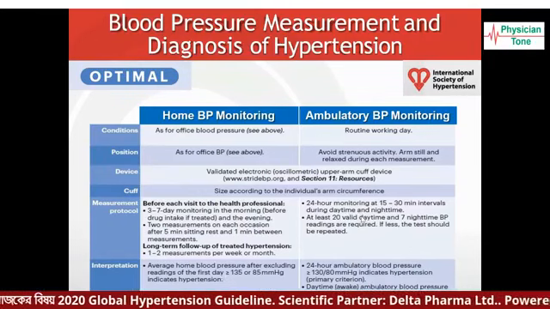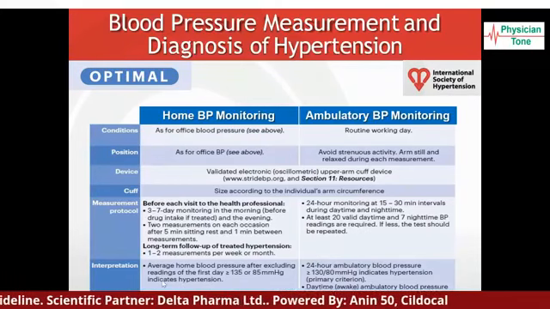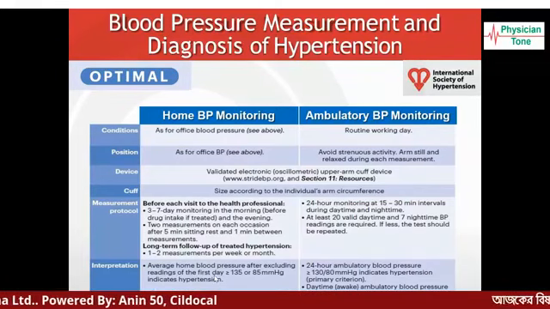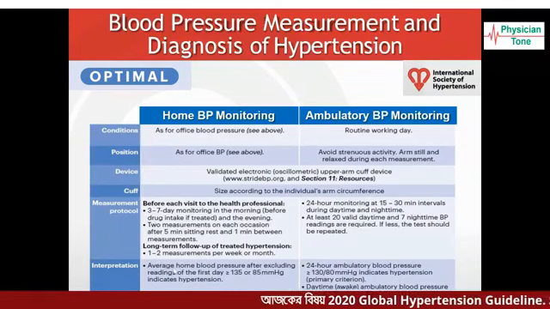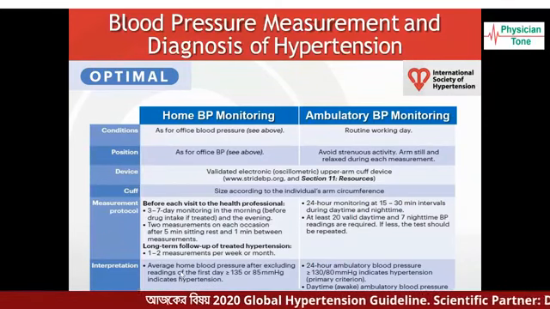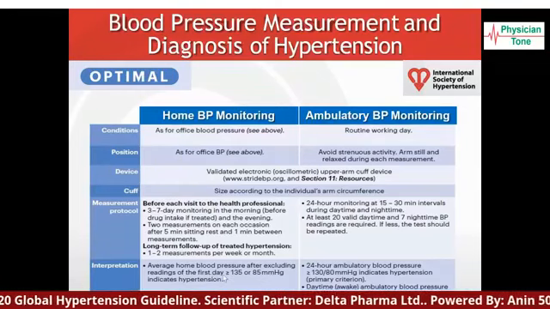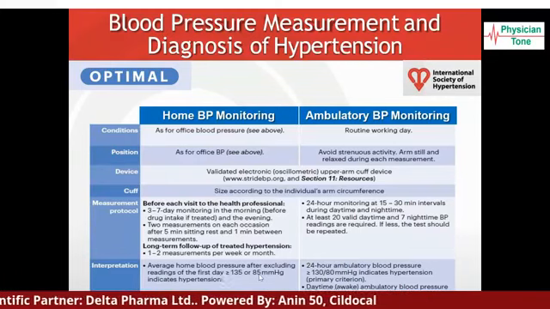And how about the interpretation? As I mentioned earlier, average home blood pressure after excluding readings of the first day, with 3 to 7 days of monitoring needed. The first day's readings should be excluded because the patient may be tense. After excluding the first day, more than 135 and 85 millimeters indicates hypertension in case of home monitoring.